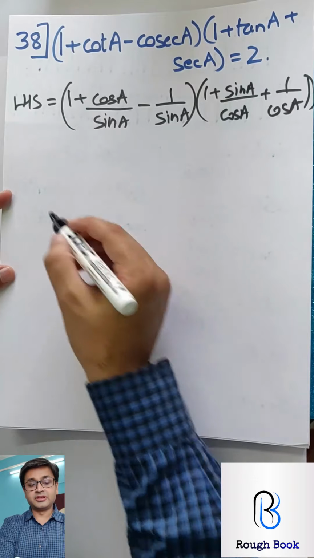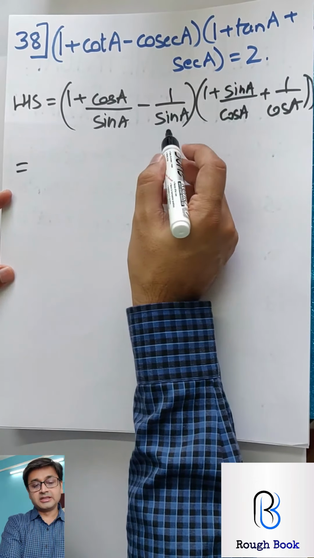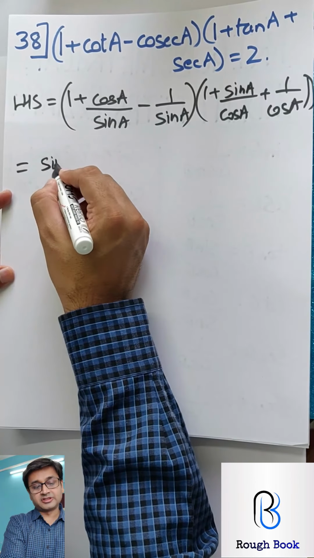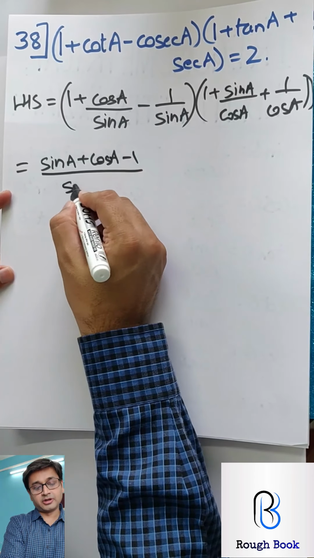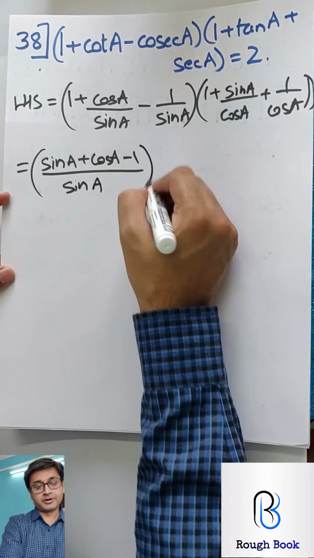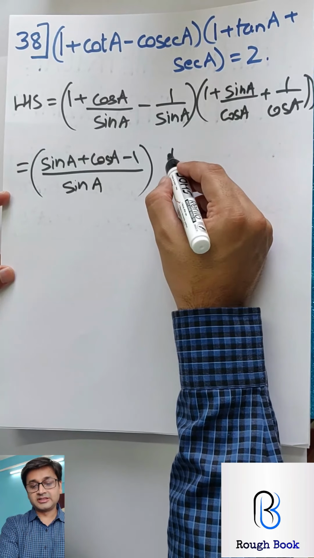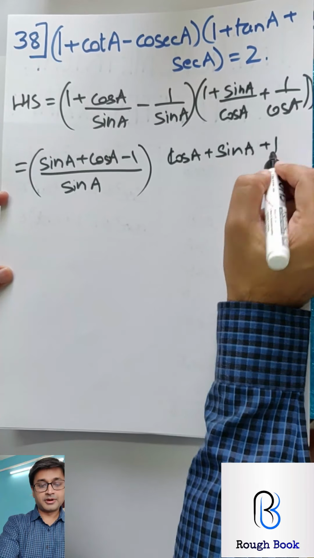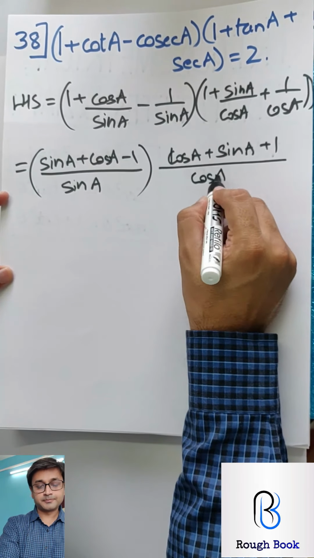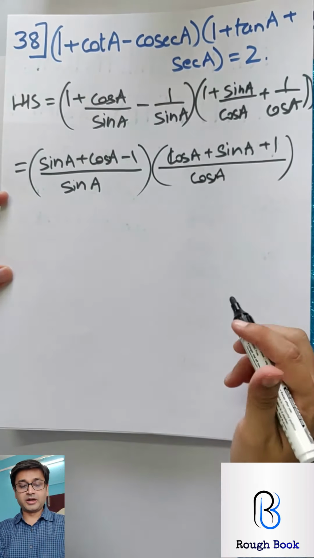So I have converted everything into sine cos, taking the LCM. So this will be multiplied with sine A plus cos A minus 1 upon sine A in one bracket. Likewise here LCM, so I will get cos A plus sine A plus 1 upon cos A. So I have got two parts now.